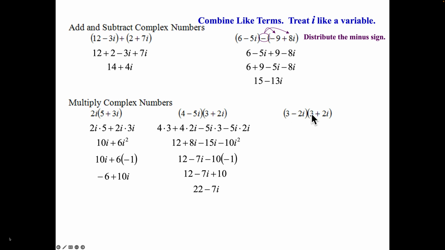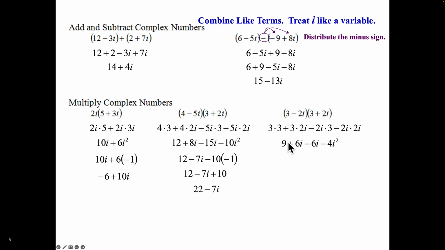If I multiply these two complex numbers together, notice one's a minus, one's a plus. You should recognize what's going to happen. As we go through the FOIL steps, 3 times 3 is 9. 3 times 2i is 6i. Negative 2i times 3 is minus 6i. And negative 2i times positive 2i is a negative 4i squared.